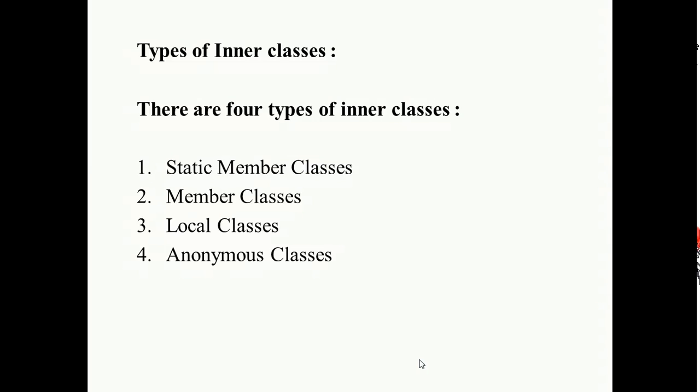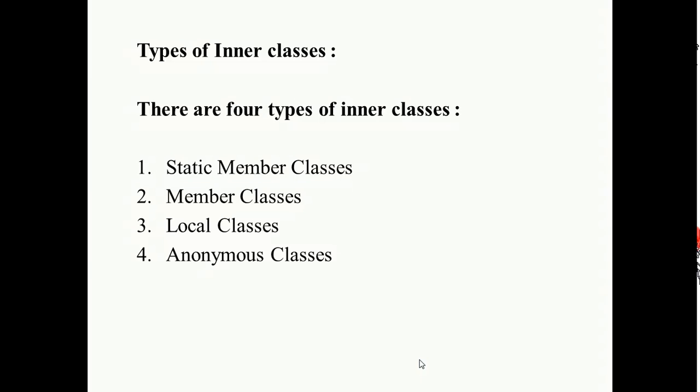The anonymous class is created when a class has a very short body, only one instance of the class is needed, and the class is used immediately after defining it. At that time the anonymous class is created.